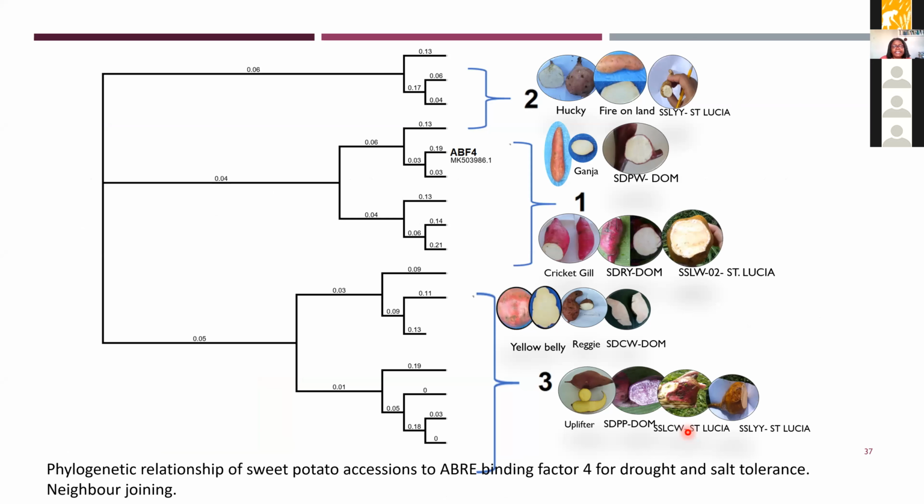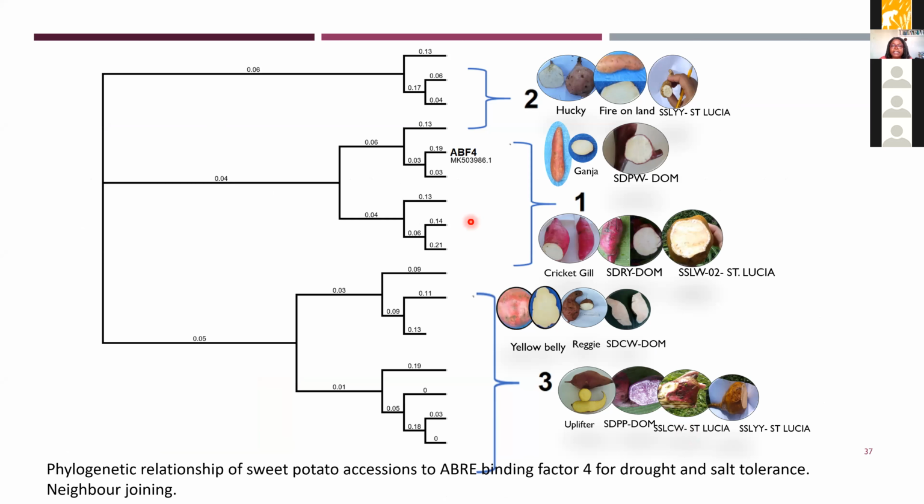When we did our phylogenetics or our family tree analysis, we've got 3 large groups. Again, it was done using this maximum likelihood method. It gives us probability statistics for large genome data sets.